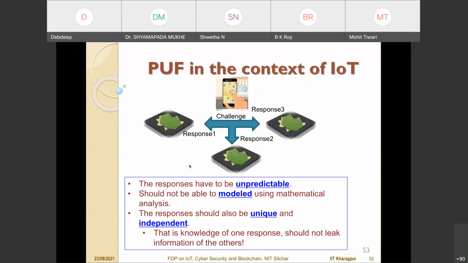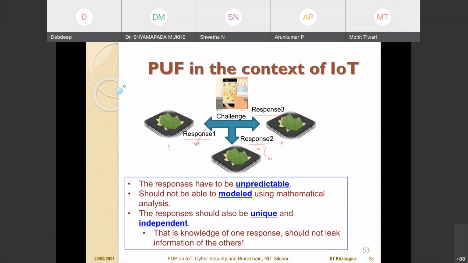If you put the PUF into several chips, say chip 1, chip 2, and chip 3, and apply the same challenge to all of them, the responses you get from each of these are statistically independent. That means if I tell you the response of one device, and then tell you the response of another device, you have no clue. Responses have to be unpredictable.